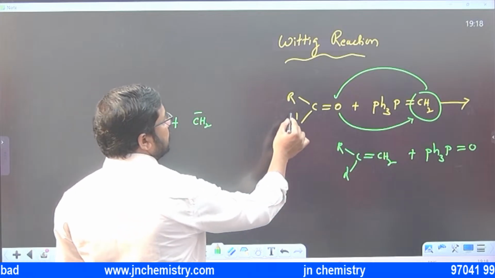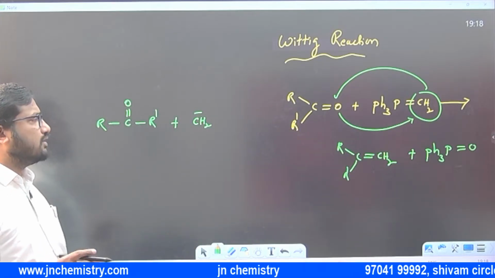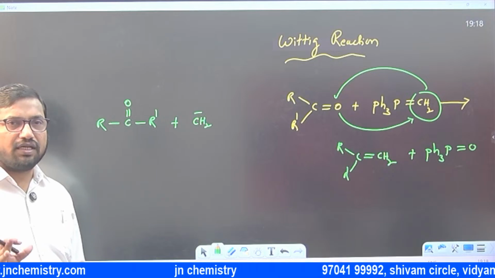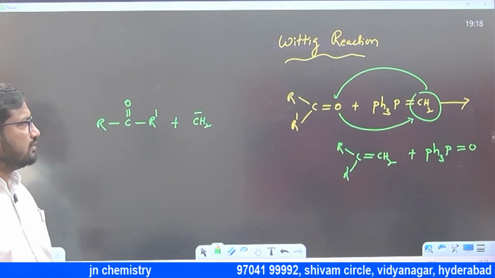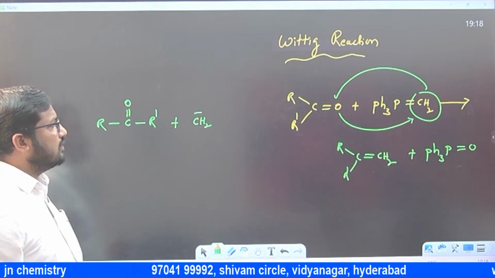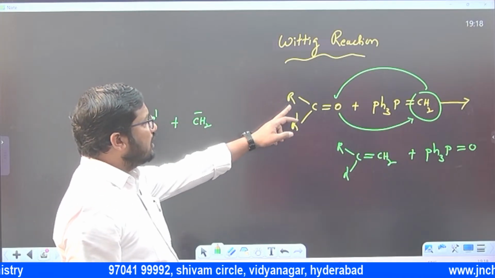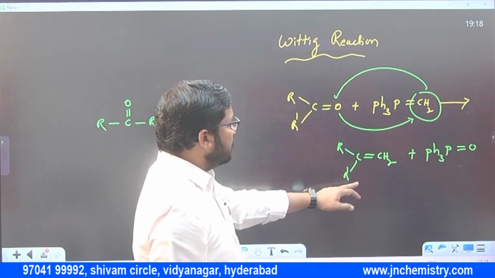R dash means anything we can take, any alkyl groups, like methyl, ethyl, like that, anything. So R dash C double bond O. So R dash only, right?